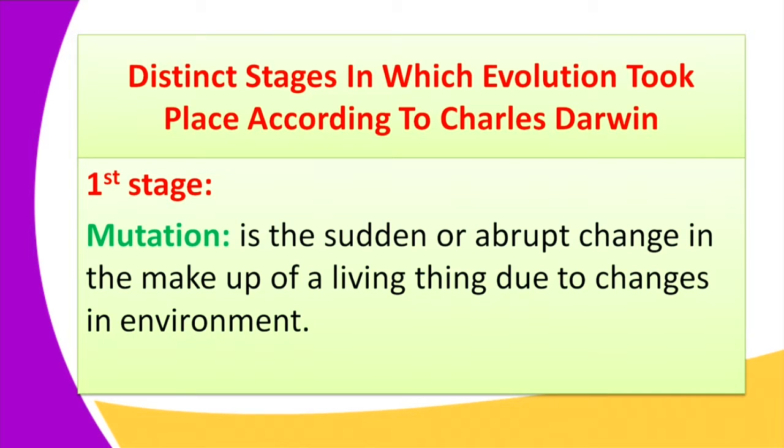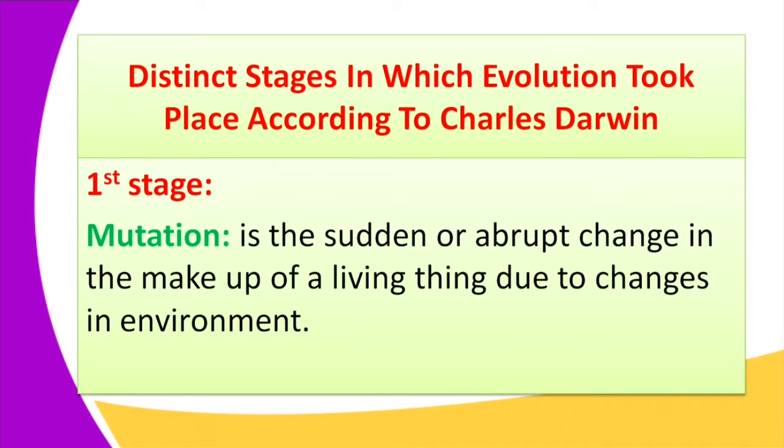Mutation refers to a sudden or abrupt change in the makeup of living things due to changes in the environment. As the environment changes, there is a sudden or abrupt change in the makeup of living things. Remember that Charles Darwin, according to his theory, said that God is not responsible for the design and also the makeup of man, the way he is.